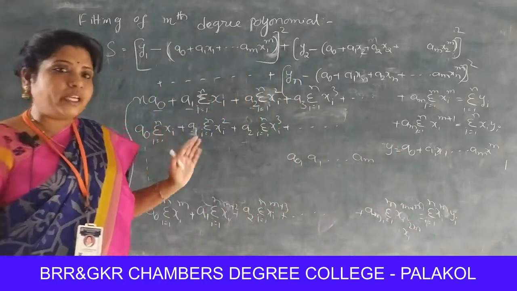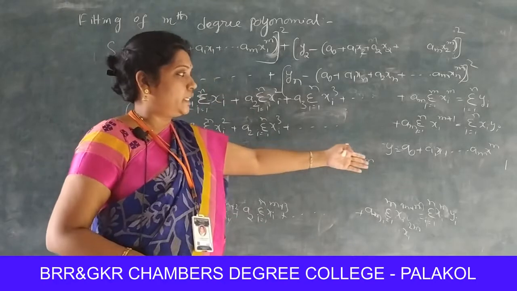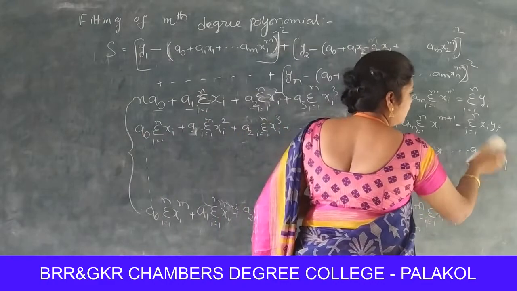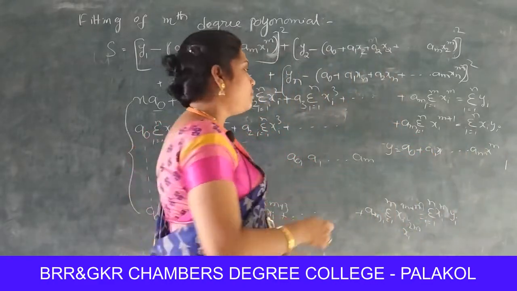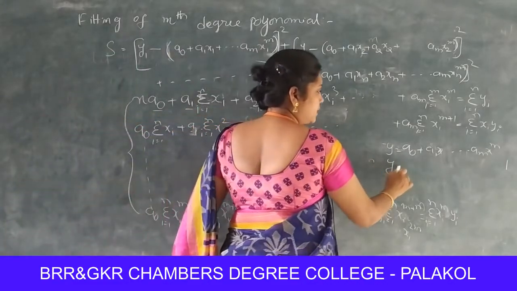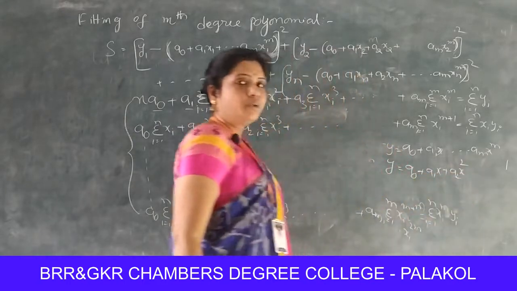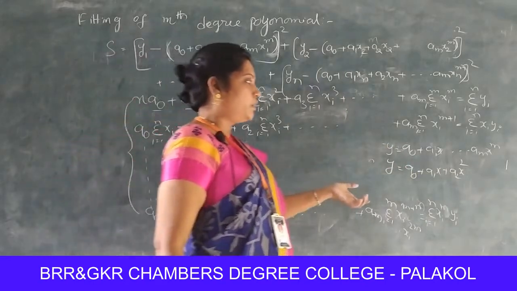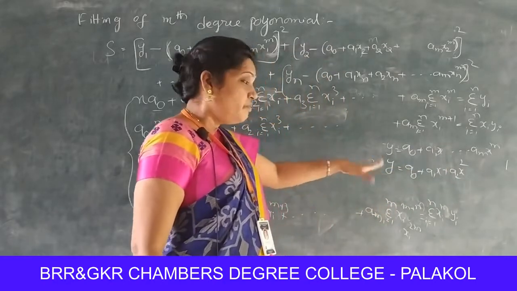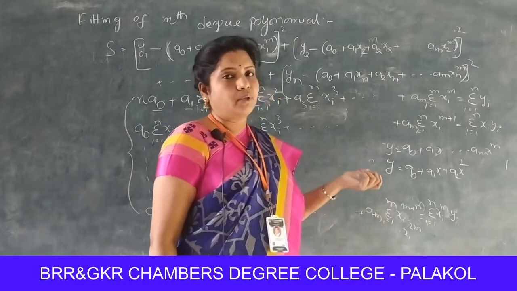Now we take the second degree polynomial, which can be written as a naught plus a1x plus a2x square. This represents a parabola equation.